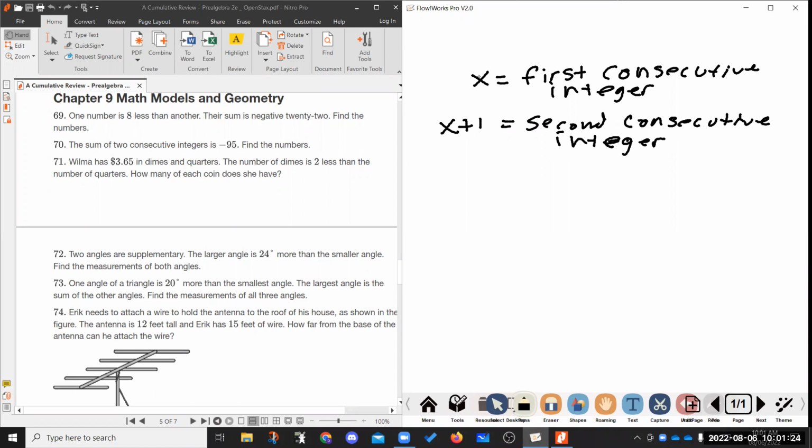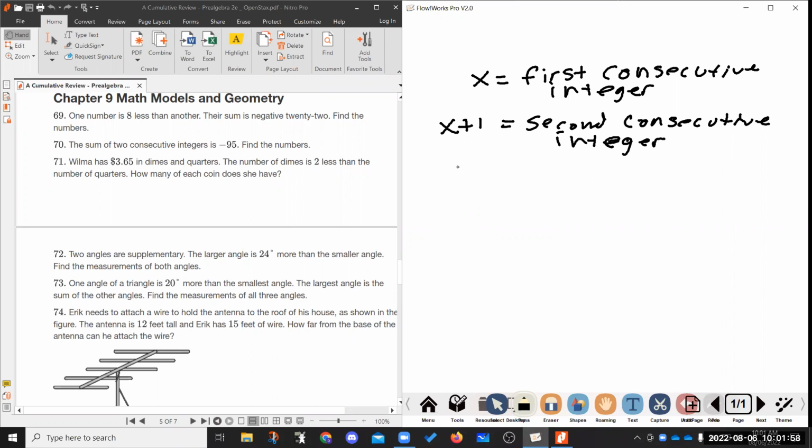If we're talking about even integers or odd integers, then we're going to be 2 away from each other, because every even number is 2 away, and every odd number is also 2 away from the previous one in the list, because even numbers 2, 4, 6, 8, 10 have a distance of 2. Odd numbers 1, 3, 5, 7, 9, and so on have a distance of 2 away from each other. But these are just consecutive integers, not even or odd.